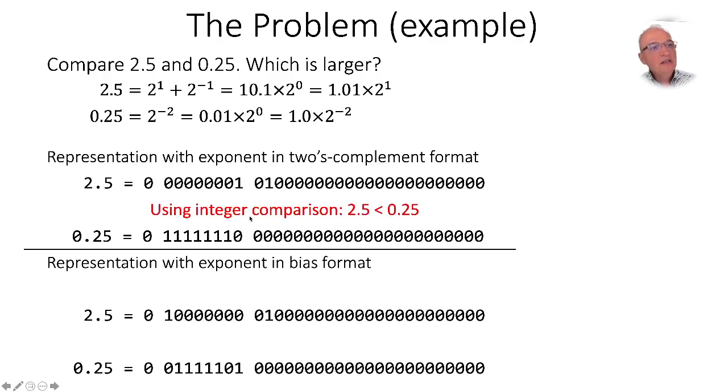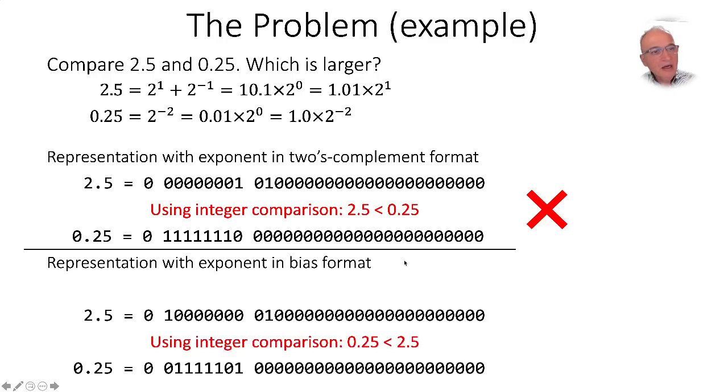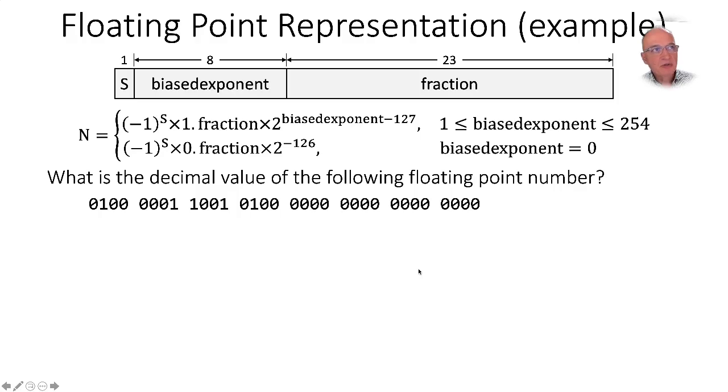Now, if I do an integer comparison on the top, I will find that 2.5 is less than 0.25, which is incorrect. And if I do the integer comparison on the bottom, I will find that 0.25 is less than 2.5, which is correct. So that is the motivation to use the bias exponent instead of the 2's complement representation.